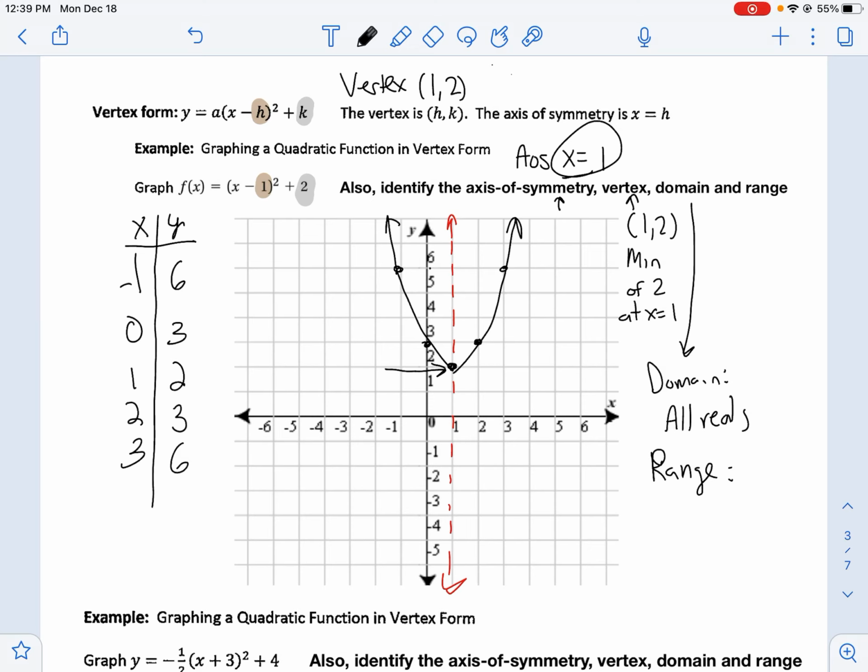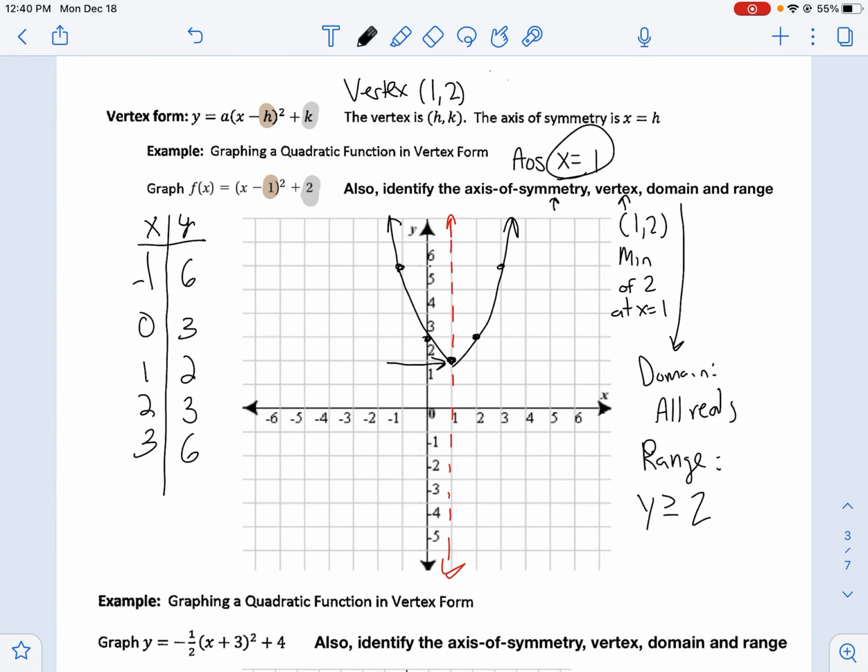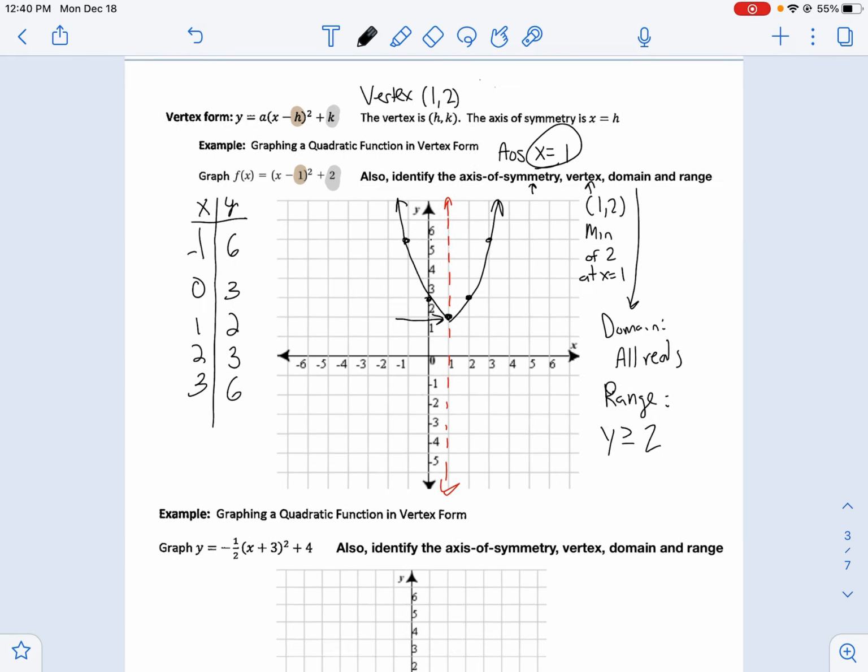So the range is going to be all values. We'll just say y is greater than or equal to 2. There are different types of notation you can use for that. I'm just making the video really quick, but all right, that was pretty fast.